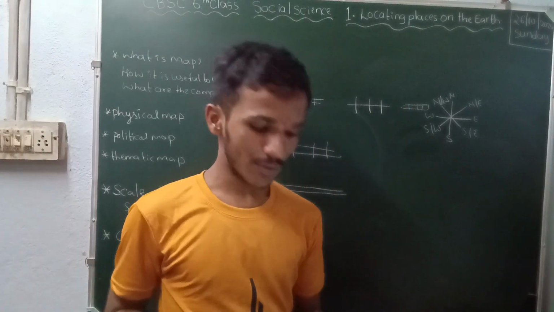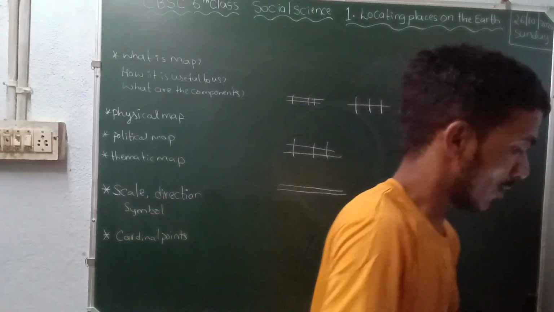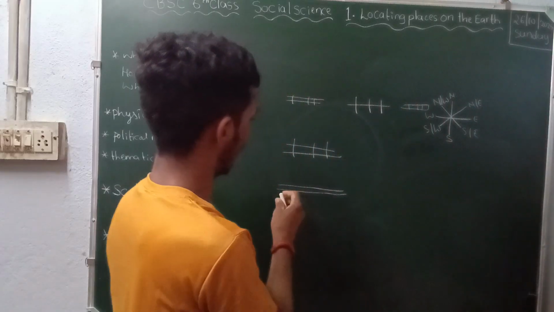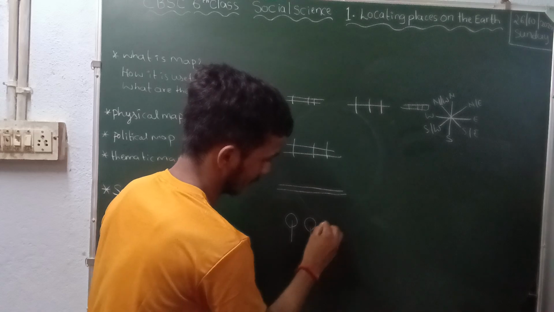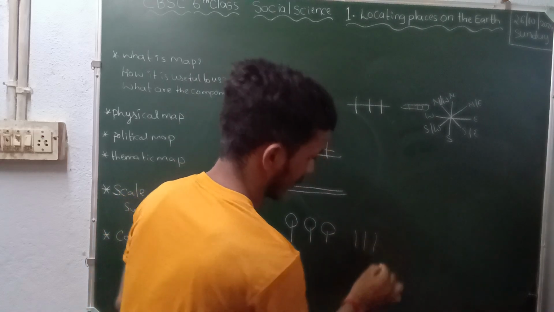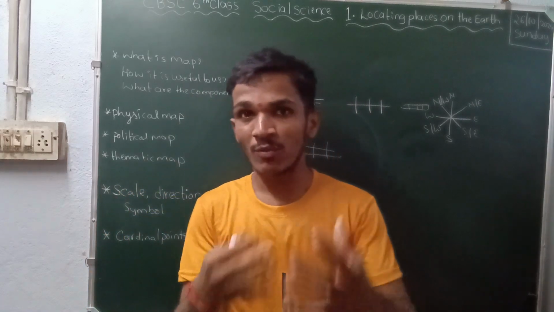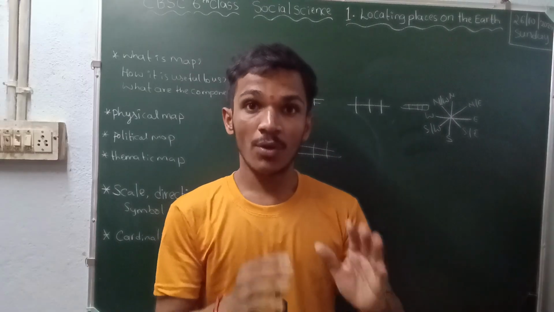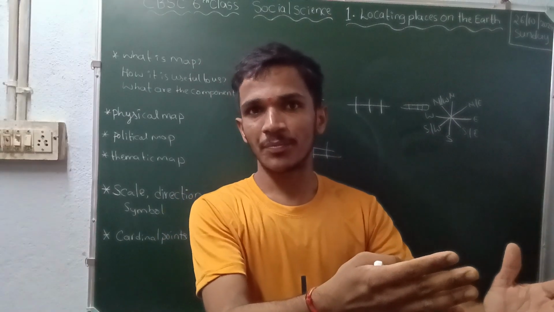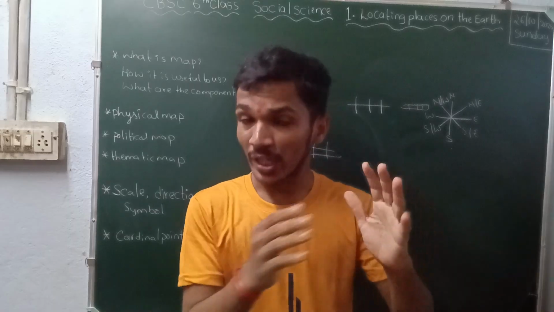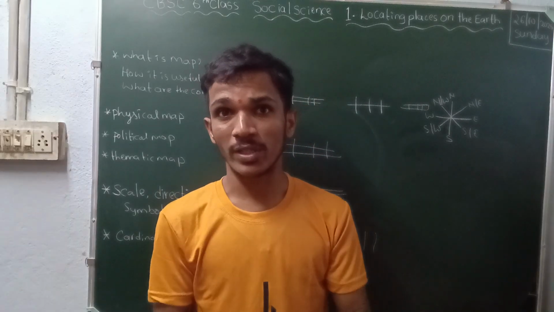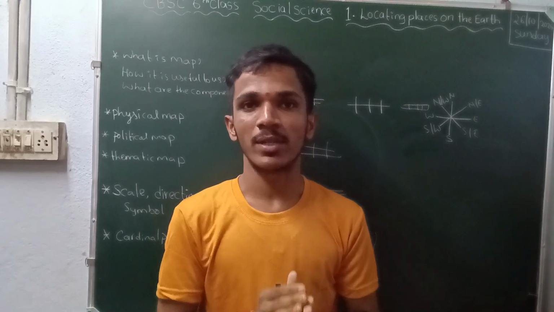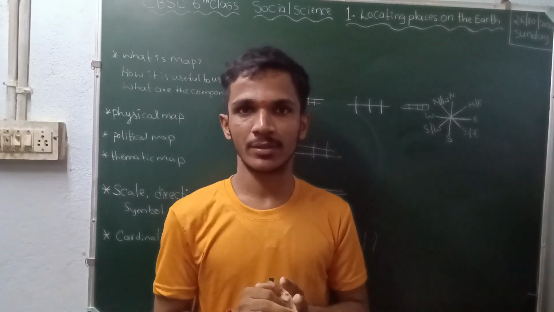This is the third symbol. For parks, for trees and grasses, there is a different symbol. Finally, if there is a big location, we cannot draw the big location on our paper. So we convert it into small symbols and make a map.